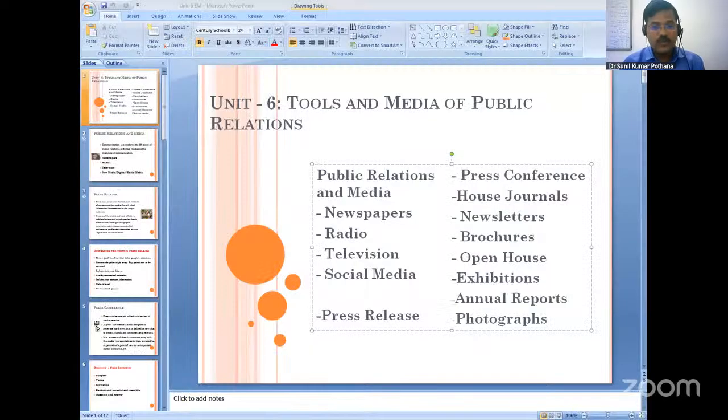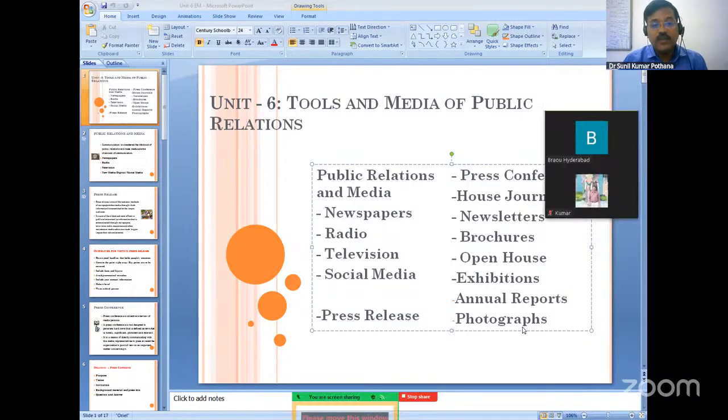Again, the newspaper is a print form, and there are many types of newspapers, like daily newspapers, weekly newspapers, monthly newspapers, and bi-monthly newspapers.